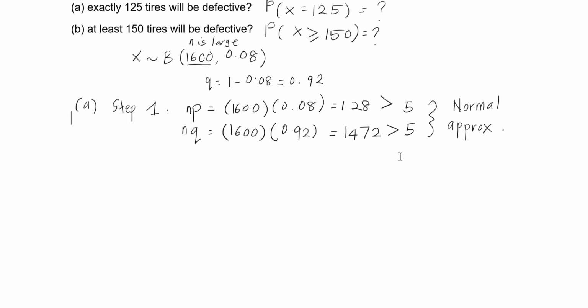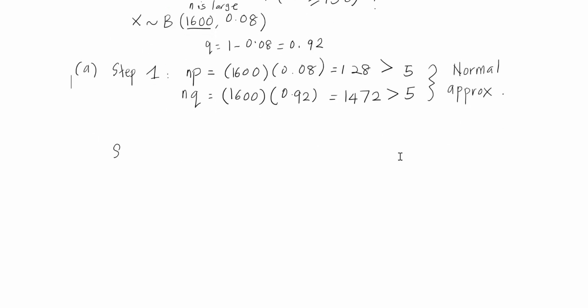So we go to step 2. We must calculate the mean, the variance, and also the standard deviation. The mean is equal to NP, which we already calculated in step 1, so it's equal to 128.